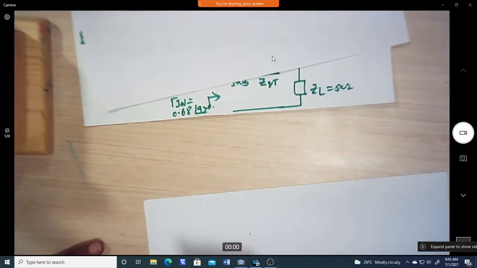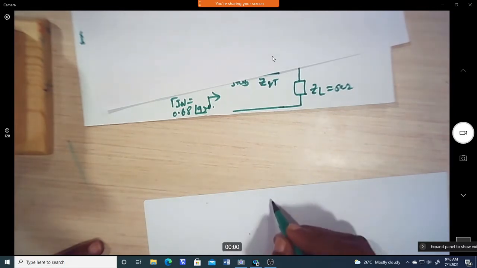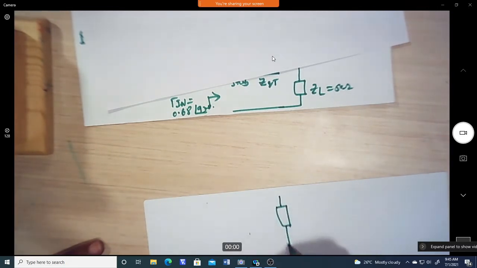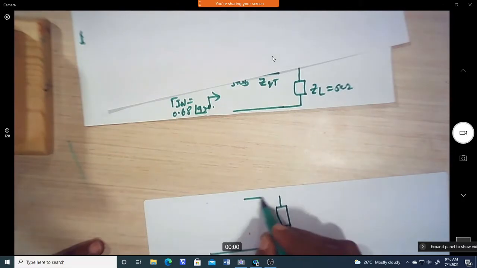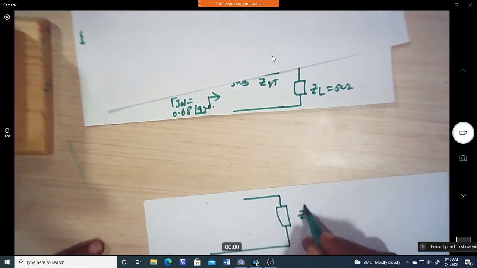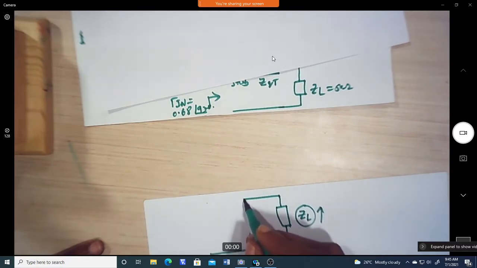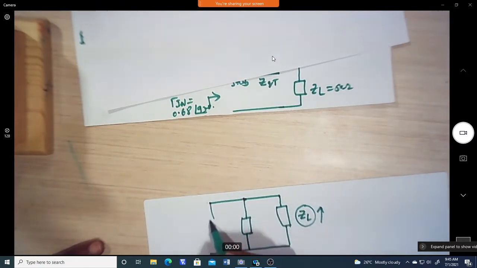So what we'll do is take two stubs. In order to handle this variation of the load, let us take shunt stubs: in one position one shunt stub, and in another position another shunt stub.